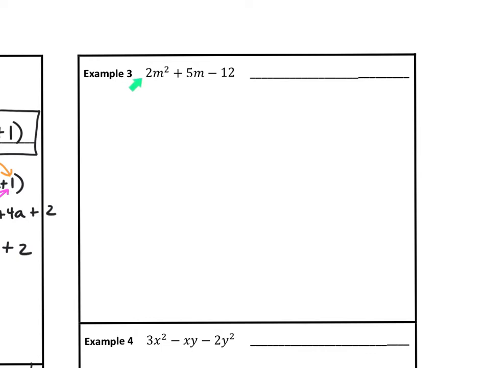Because last class, all of these had a 1 in front, if you remember. So because it doesn't have a 1 in front, we're going to divide at the very end. We're going to divide by this number in front. Okay, so let's create the table.